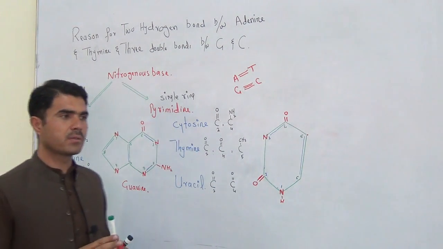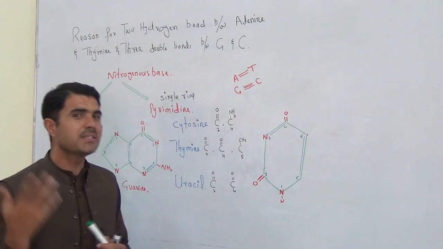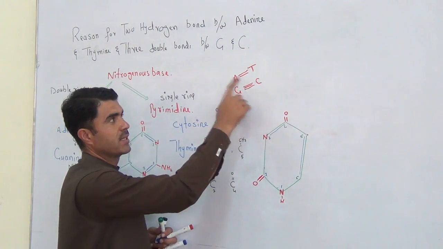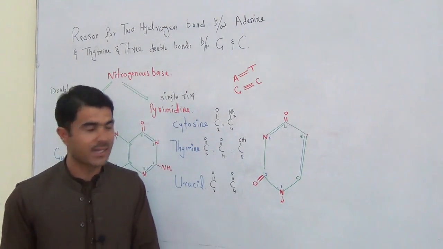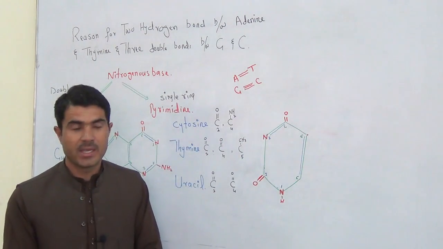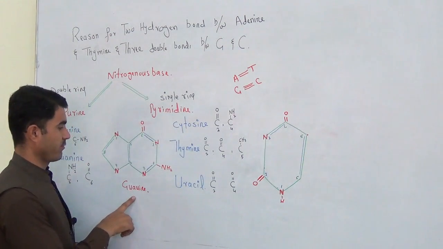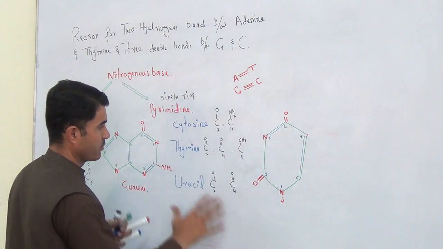Smart students, genius students, usually think why there are 3 hydrogen bonds between G and C and 2 hydrogen bonds between A and T. The simple answer is that it is because of the structure. Let's suppose this is the structure of guanine, and this is the structure of cytosine we have to draw here.